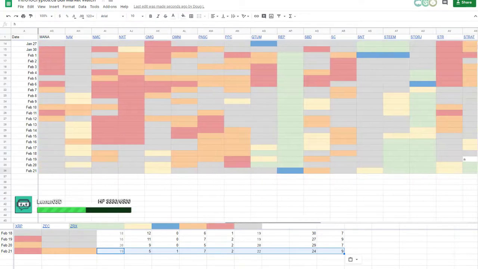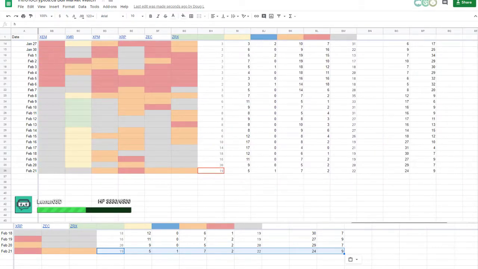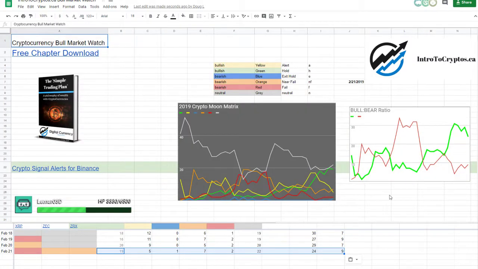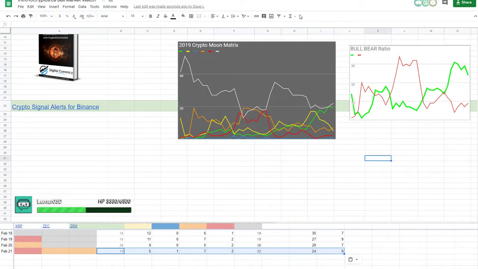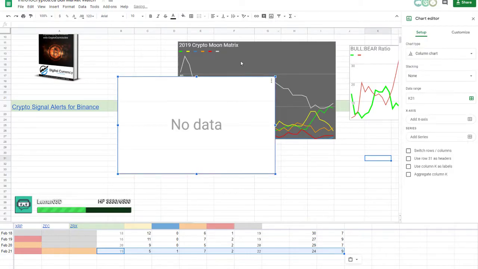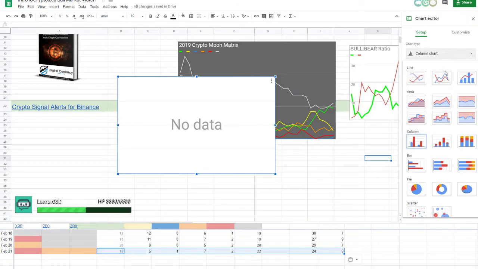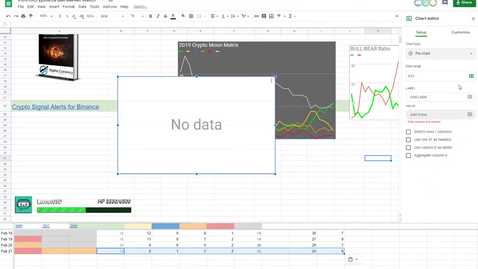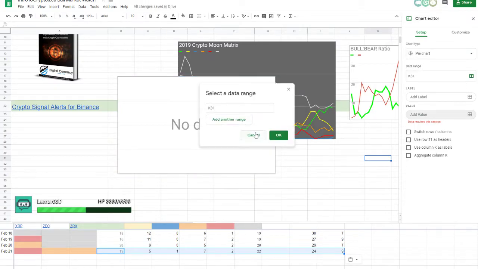This is something that I need to chart in a pie chart. So if I was to go over here and do a pie chart right here, insert chart, no data, type column chart. I want a pie chart. Then the data range will be here.